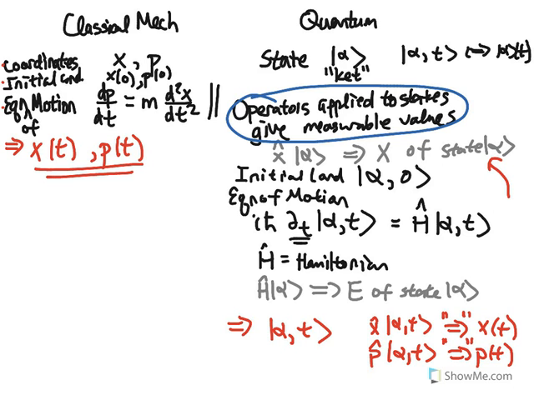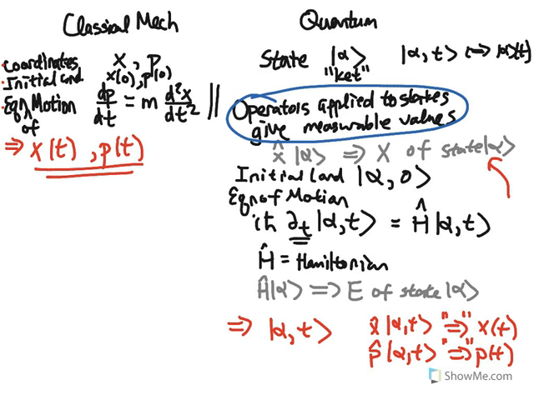In classical mechanics, it's incredibly obvious because the things you solve for are directly the things you care about. In quantum mechanics, the things you solve for are these states, and you have to do something to those states to get the measurable values you're interested in. But I haven't actually told you what that is. I've just told you there exist these things called operators.